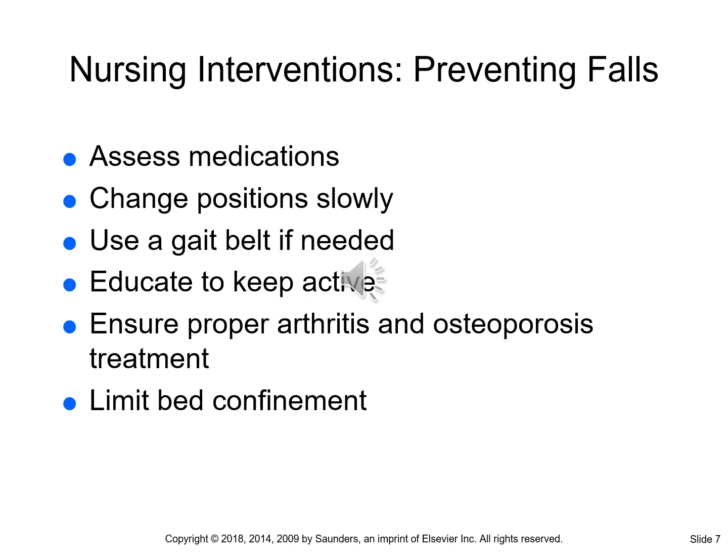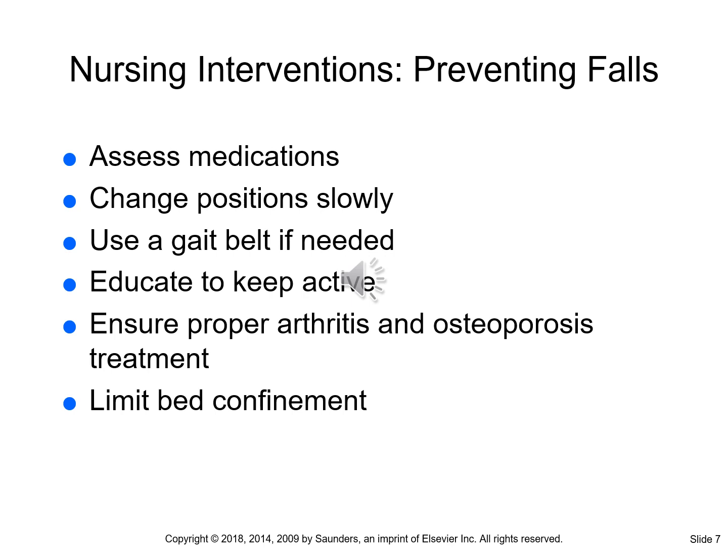First, we need to be assessing their medications, making sure there are no interactions, or that they aren't taking medications that could make them dizzy or things like that that could possibly put them at risk for falls. Make sure we educate them to change positions slowly so that they don't get dizzy or tip over, fall over, whatever.